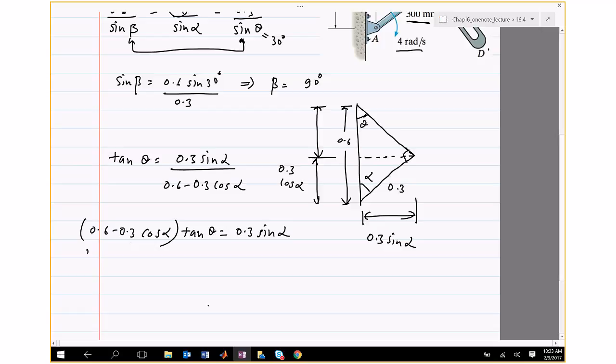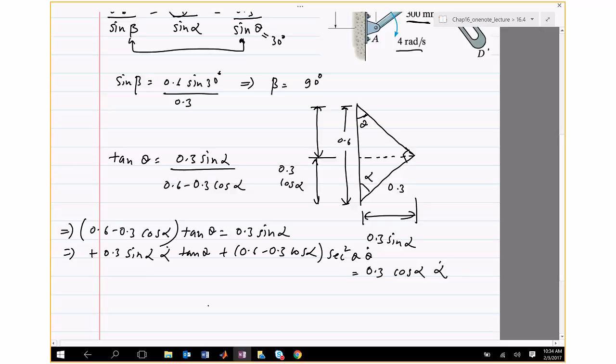So 0.6 is 0, minus 0.3 times the derivative of cosine, which is negative sine alpha, so it's plus, and then alpha dot times tan of theta, plus 0.6 minus 0.3 cosine alpha times the derivative of tan theta, which is secant squared theta, times the derivative of theta, which is theta dot, equals 0.3 cosine alpha, because the derivative of sine is cosine, times the derivative of alpha, which is alpha dot.